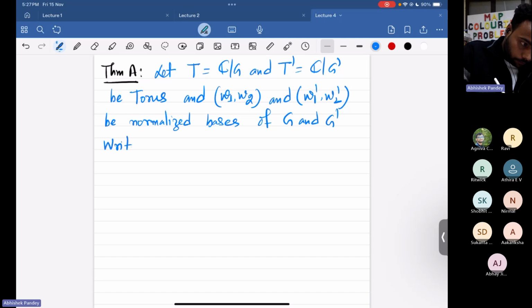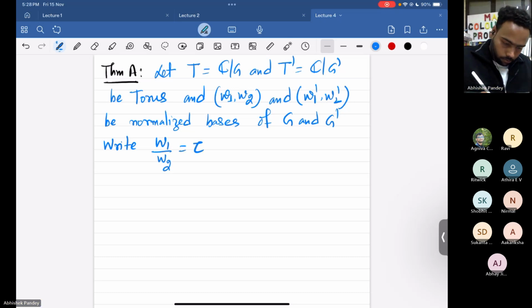Write W1 upon W2 as tau. So observe that this tau belongs to the upper half plane.